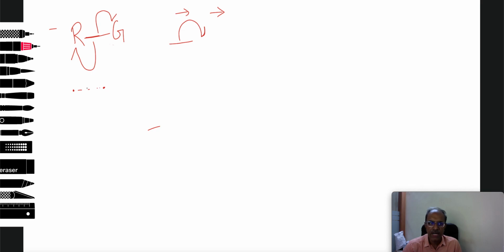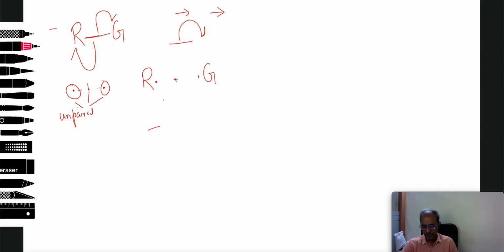But when this bond breaks, what happens? This electron stays with one fragment, this electron stays with the other fragment. Thus, this is an electron without pair. That means it is an unpaired electron. Right? This and this. So I can say this is like that. Plus.